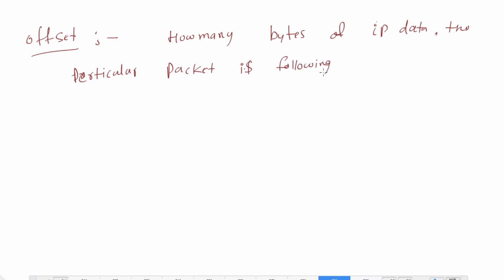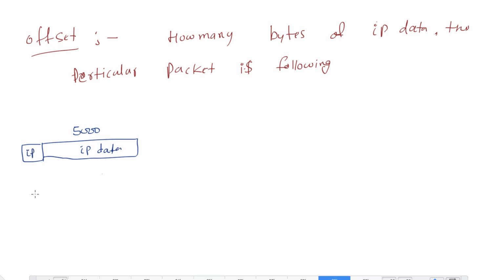Suppose there is a packet that has data of 5000 bytes, and this is the IP header. Let's not worry about the IP header length; it may be 20 or 30 bytes, any number of bytes. This is the IP data only, and this is the IP header.